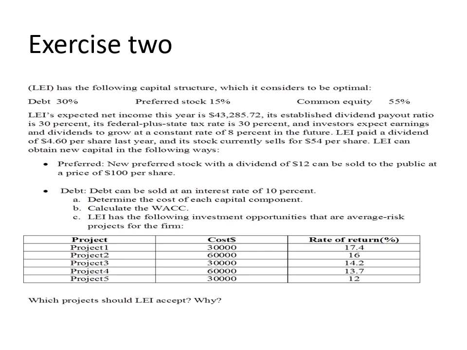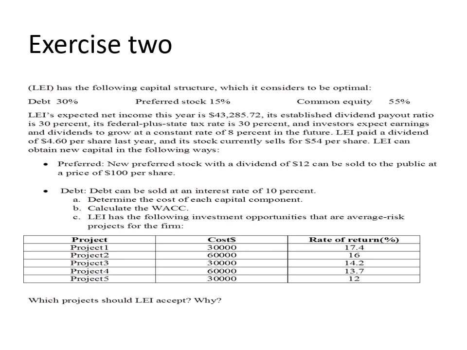LEI's expected net income this year is 43,285.72. This number was put in the exercise to confuse you. You are not going to use this number, because what you are looking for is to determine the main sources of capital in order to determine the cost of each source of capital.